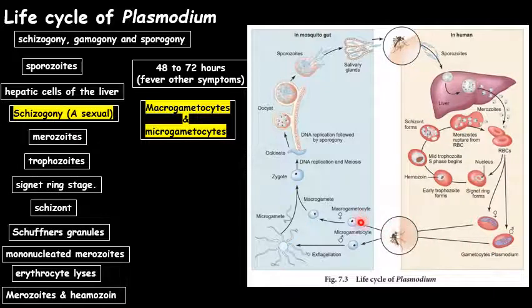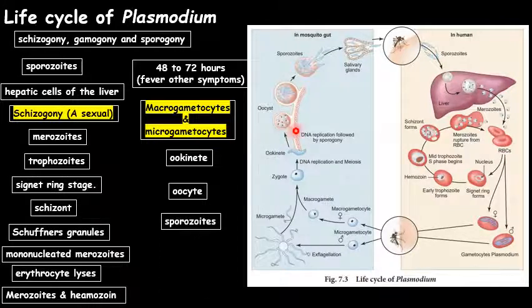So when a mosquito comes and bites an infected person, these macro and microgametocytes will enter the mosquito's gut, and then it undergoes a diploid stage, which means it undergoes sexual reproduction and changes into a diploid cell or zygote, and finally it changes into ookinete. This ookinete will slowly move and develop into an oocyst, and it also undergoes the meiosis process.